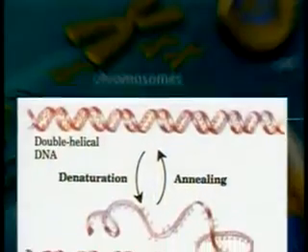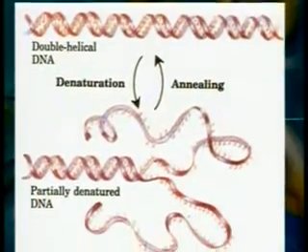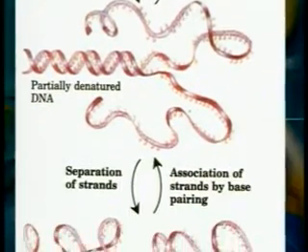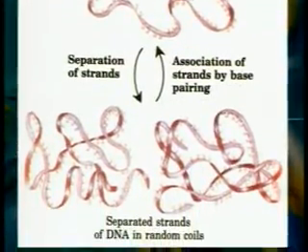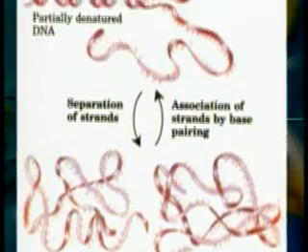Under physiological conditions, double-stranded DNA is more stable than separated DNA strands. Consequently, duplex DNA predominates in vivo. Sometimes, however, the structure of DNA can be disrupted, as occurs during DNA replication and transcription.